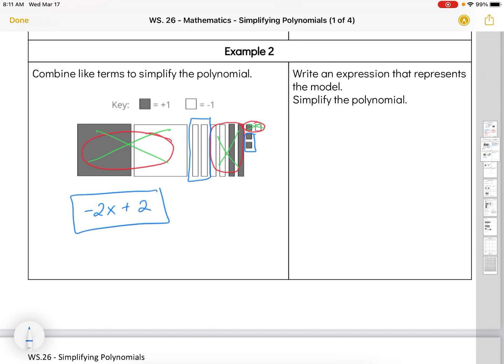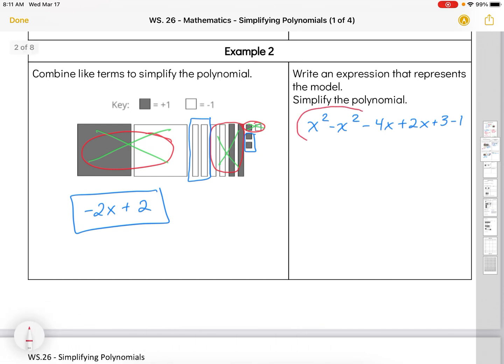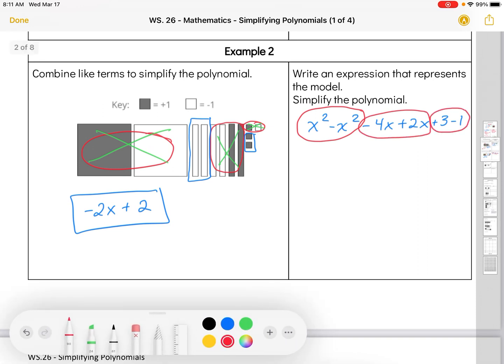Now if I wanted to do this symbolically, I can list all the things I have. I have an x squared minus an x squared, minus 4x plus 2x plus 3 minus 1. And again, sometimes it's easy to circle what you have, group the like terms, and sort them out that way.